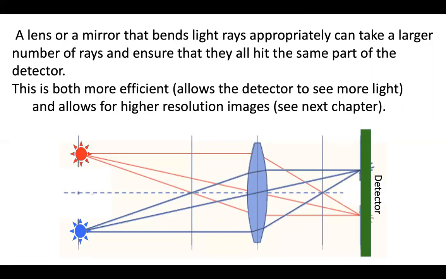As we'll see maybe on Friday, this also helps you get better images, not just brighter ones, but ones that can resolve more detail. So that's the basic reason this is important. We're trying to figure out a way to manipulate light so that particular sources end up at particular locations.